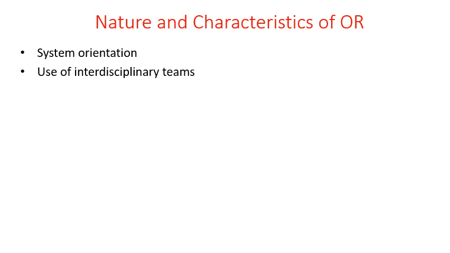Don't be isolated. So one of the characteristics and nature of OR is system orientation. Second one is the use of interdisciplinary teams. Take inputs from others. Similarly, give and take, share, because you're all part of the same bigger entity called the organization, right?